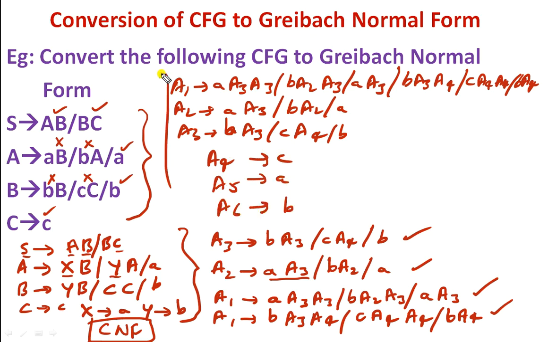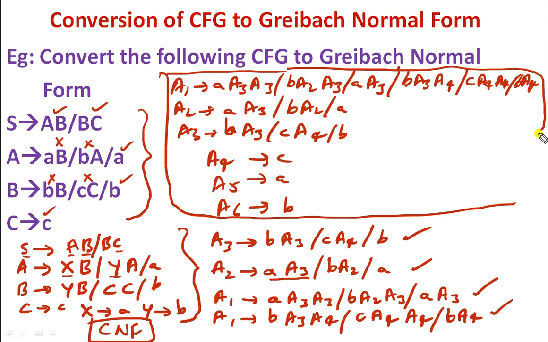So these are the final production rules. Now we can observe that all of these production rules are of the form either A generates a, or A generates a B1, B2, and so on Bn. So thus we can say that the given context-free grammar is successfully converted into Greibach normal form.